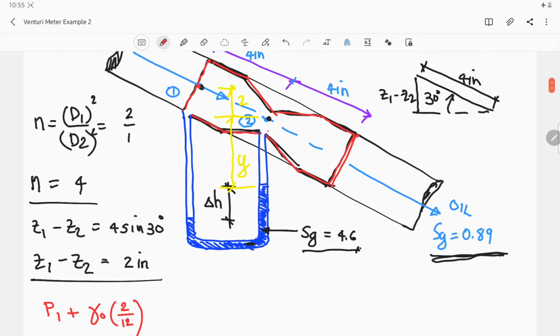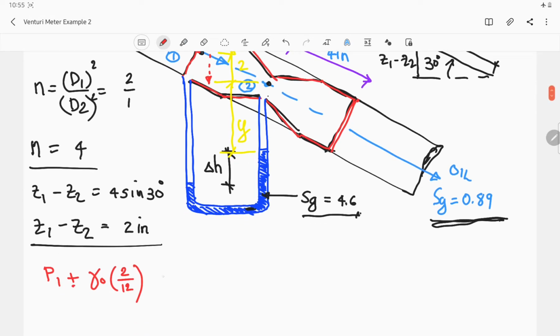It's plus because it's going downward. Then again downward, gamma of oil times y.